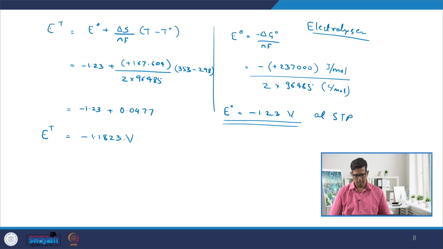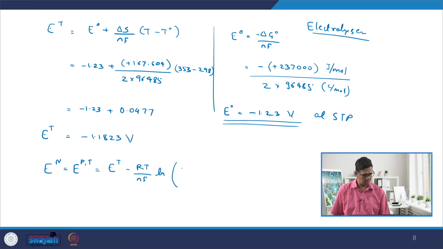Now, we have to go ahead and find out the Nernst potential when it is operating at 80 degrees and is generating hydrogen and oxygen at 3 and 5 atmospheres. So, let us start with, let me write that equation again, E_N, which is also E_PT. The E_PT stands for potential at arbitrary pressure and temperature, which are different from the standard temperature and pressure conditions, which is equal to E_T minus RT by NF ln of products.